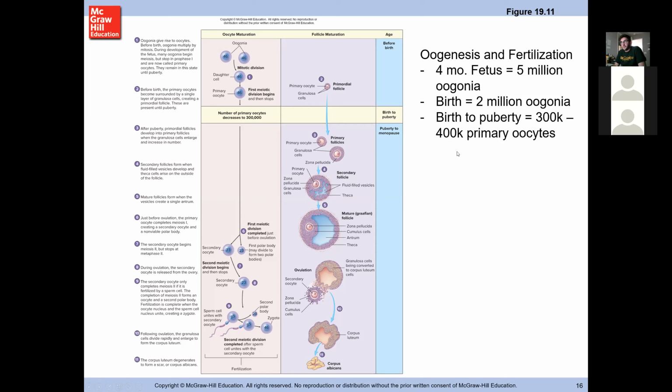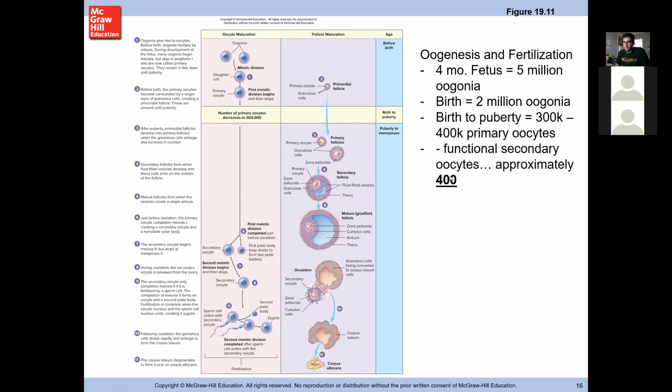The other thing to think about is that the primary oocytes are not even the egg cells that get released during the ovulation event. It's only the secondary oocytes that get released during an ovulation event. And of those 300 to 400,000 primary oocytes, the number of functional secondary oocytes on average is only around 400 by the time a female reaches sexual maturity.